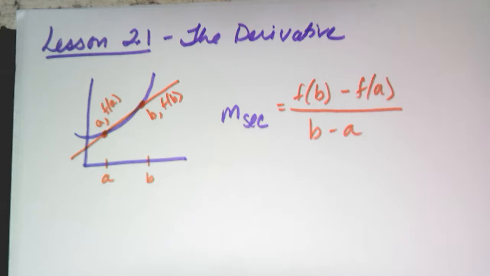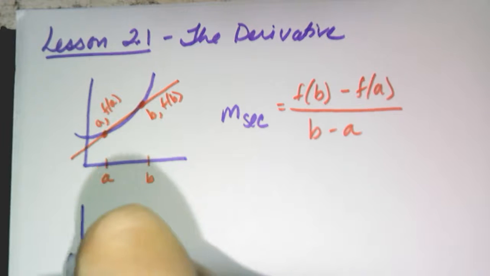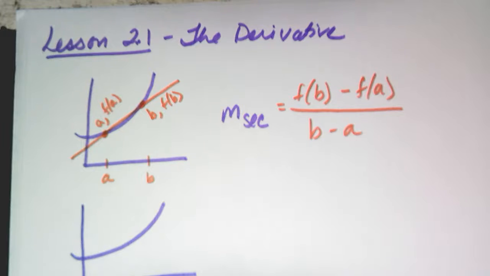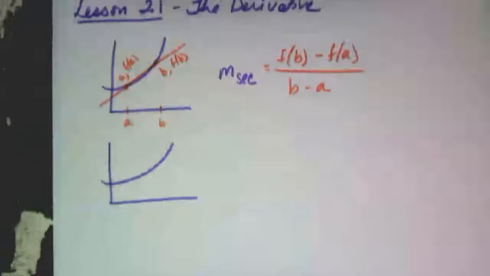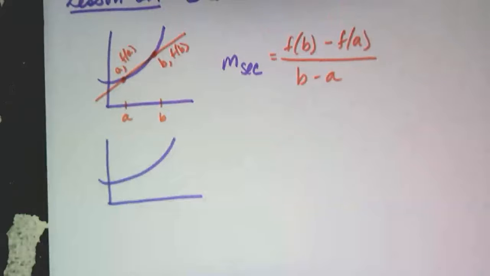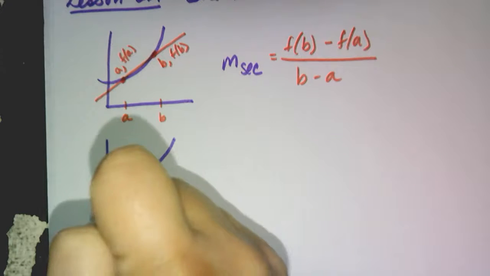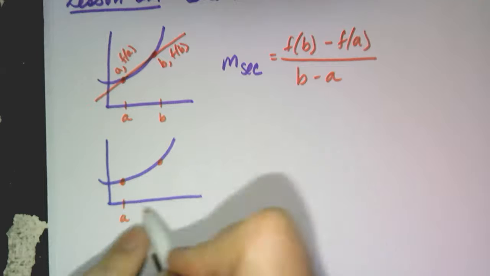Now, I'm just going to switch up one of these points. I'm still going to have that same curve. I'm going to call this A still, but this one, I'm going to give a particular distance.